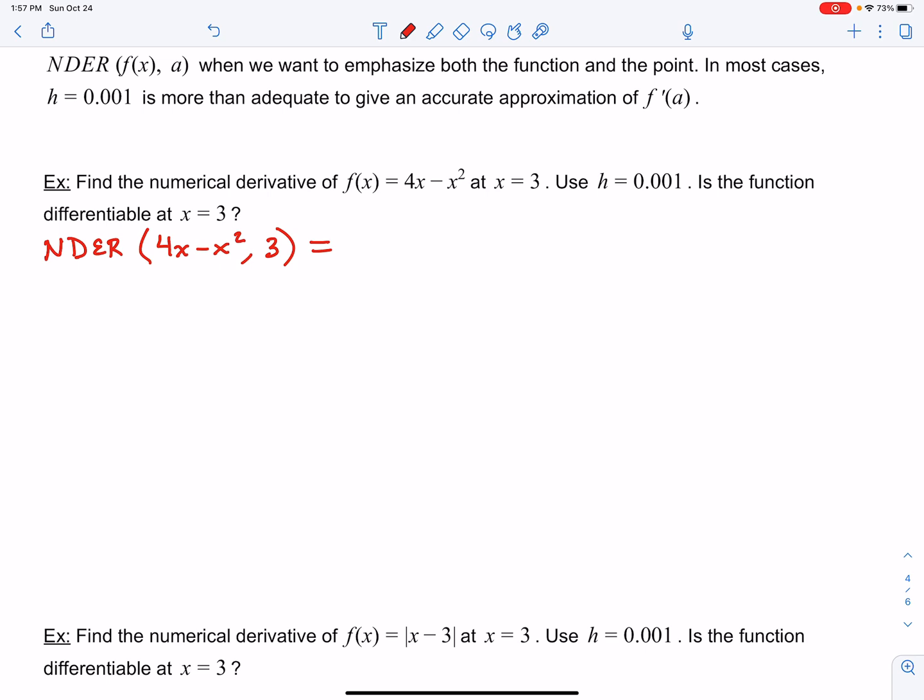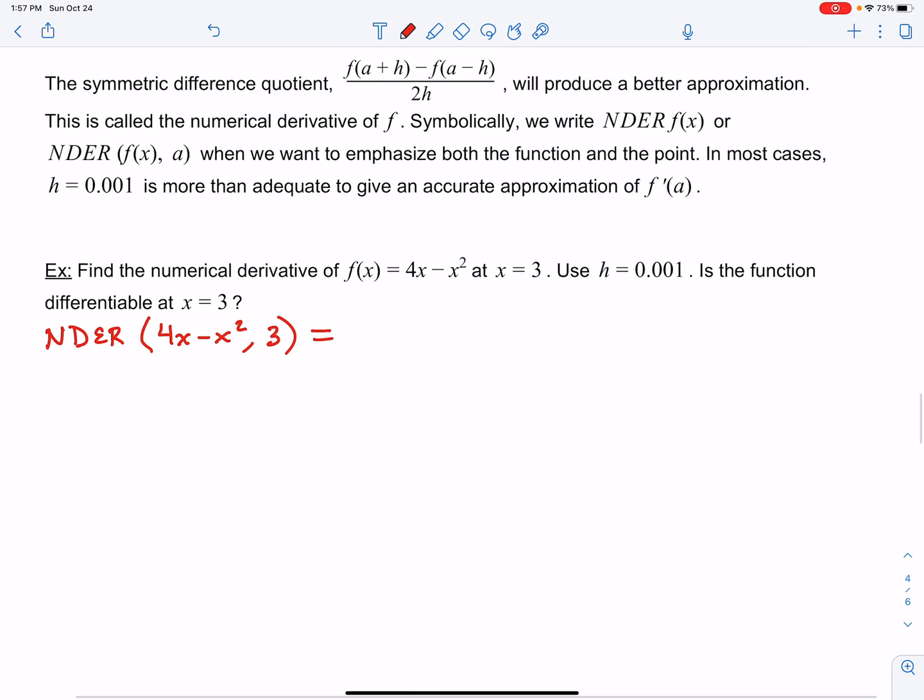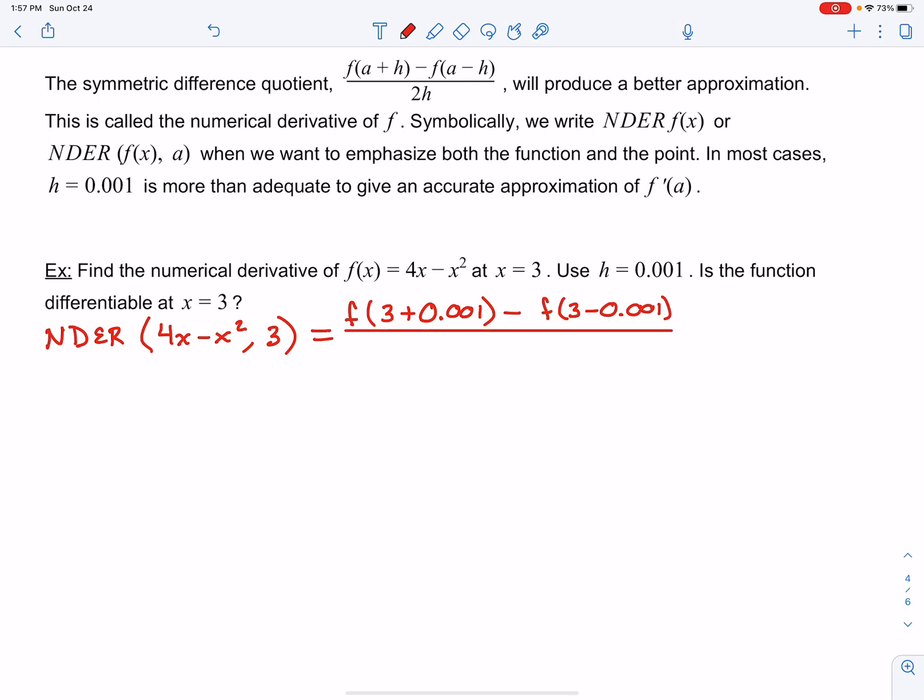We know that we'd look at the function at a plus h. So here that would be our function at our a value, 3, plus our h value, 0.001, minus the value of our function at a minus h. So minus the value of our function at 3 minus 0.001, over 2 times h, so 2 times 0.001.